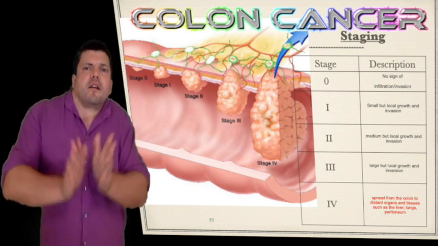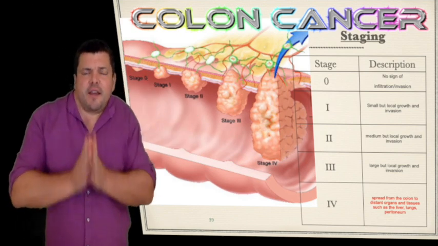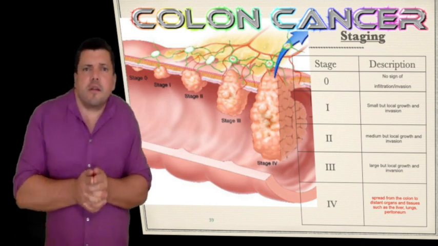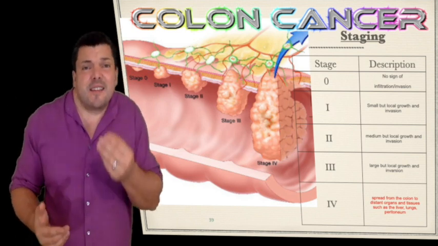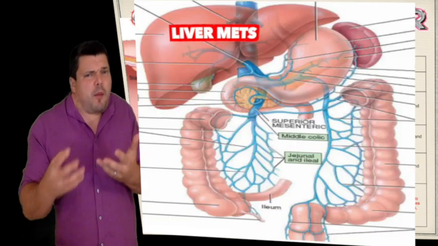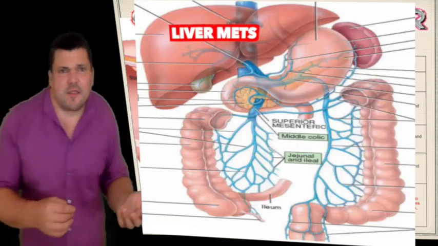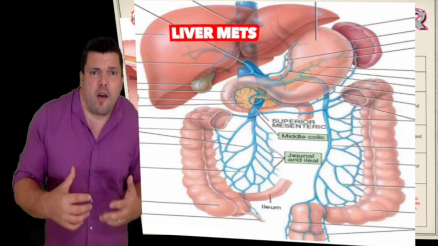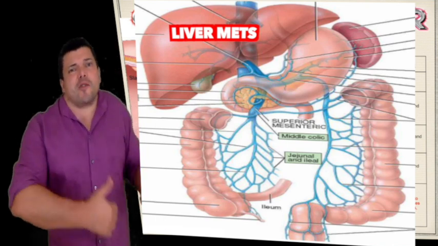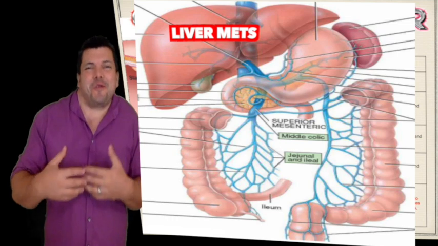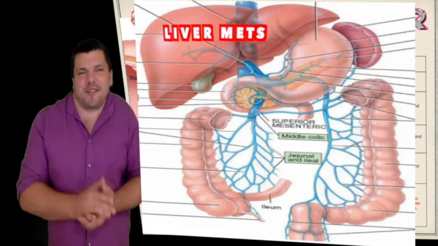Stage 4, spread throughout the body. The other thing I'll point out is that the most common place for colon cancers to metastasize is the liver. And that probably makes anatomical sense, since you've got all of the vasculature from the gut all shipped through to the liver for filtration purposes.